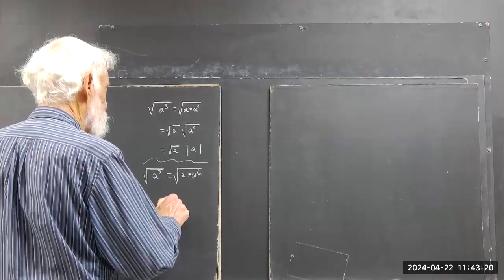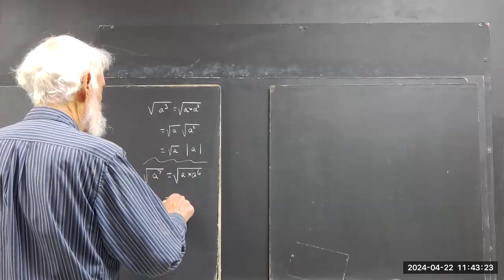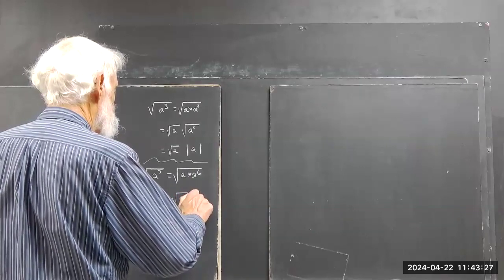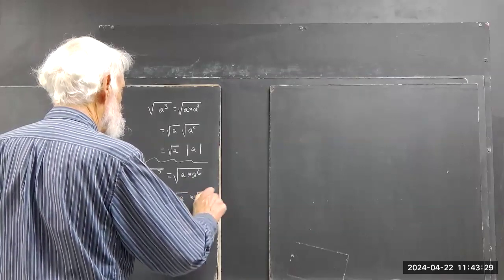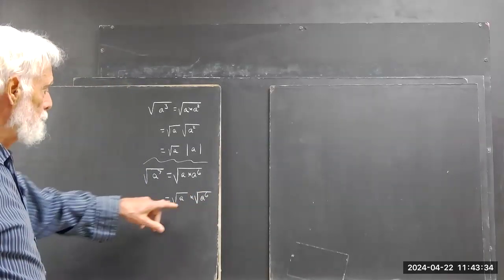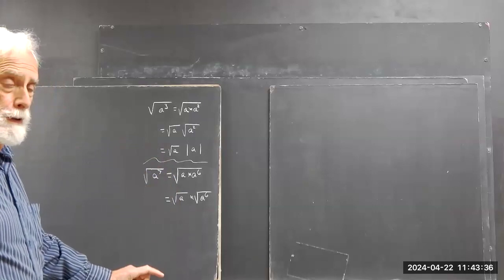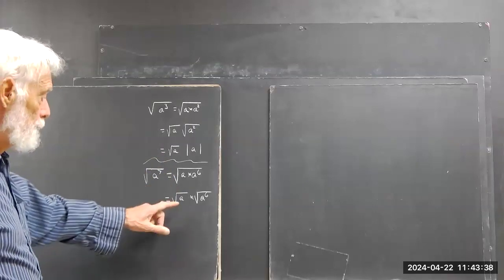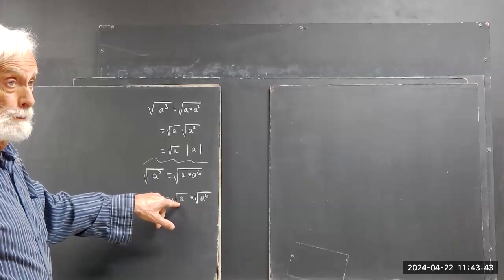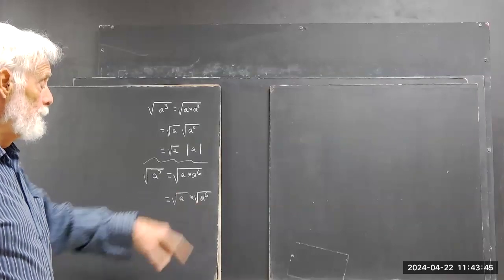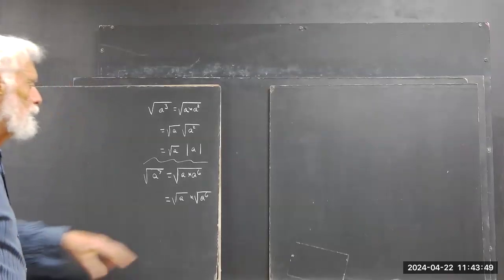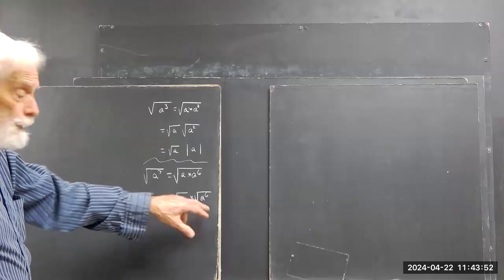Well, that can be separated out to the square root of a times the square root of a to the 6th. Now, the square root of a is just the square root of a. Unless you know more about a, there's nothing you can do to simplify it. But let's simplify the square root of a to the 6th. What do you multiply by itself to get a to the 6th?